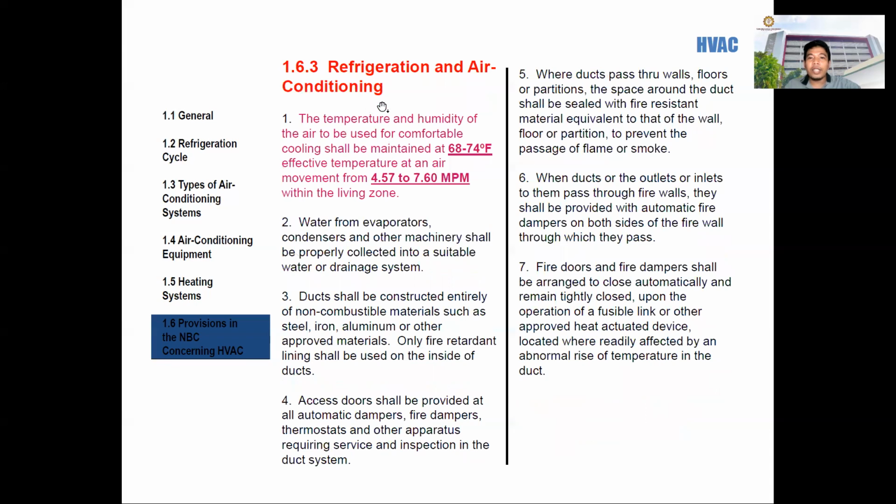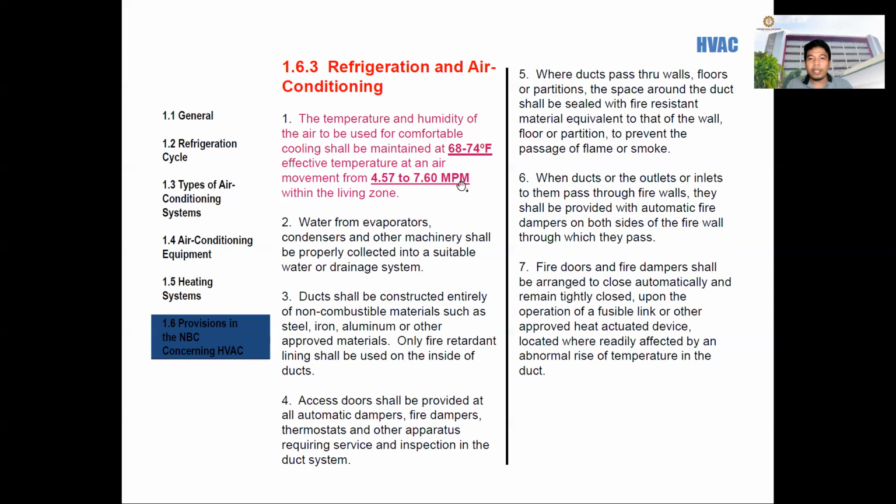So next we have the refrigeration and air conditioning. So from the provision in the National Building Code, the temperature and humidity of the air to be used for comfortable cooling shall be maintained at 67 to 74 degrees Fahrenheit effective temperature, at an air movement from 4.57 to 7.60 meters per minute.